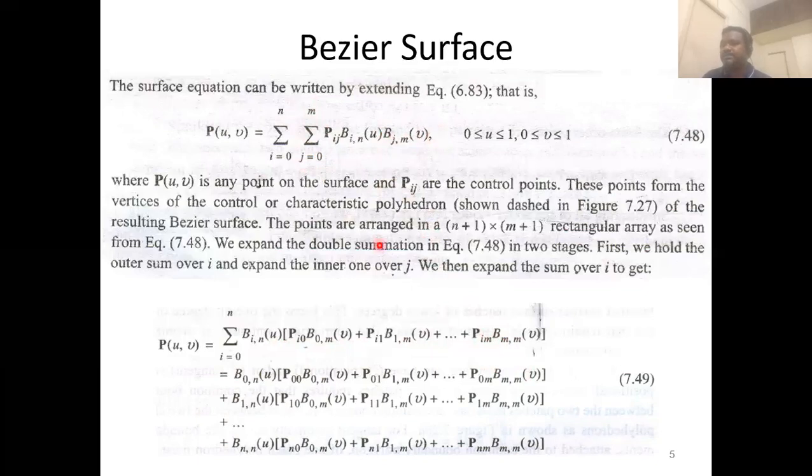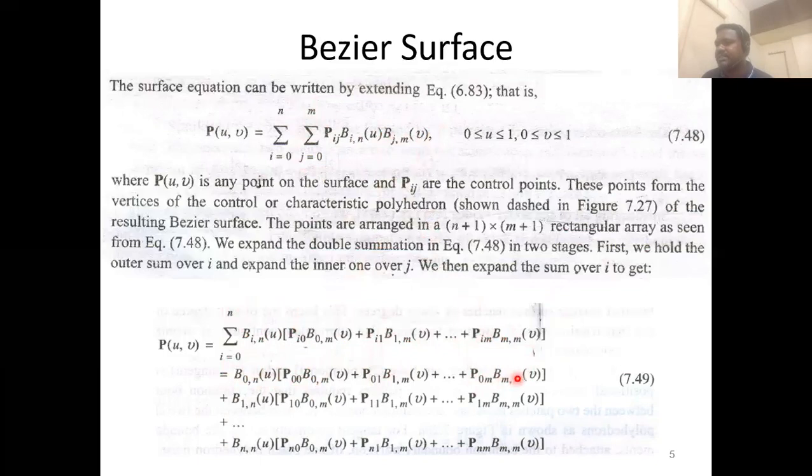What is next? You can vary i from 0 to n. Look at this expression as such. Wherever you find i, substitute the i value as 0. The same expression is repeated here, and in place of i I am substituting 0. The constant value B 0n I take out. Here i will be 0, and similarly here 0.